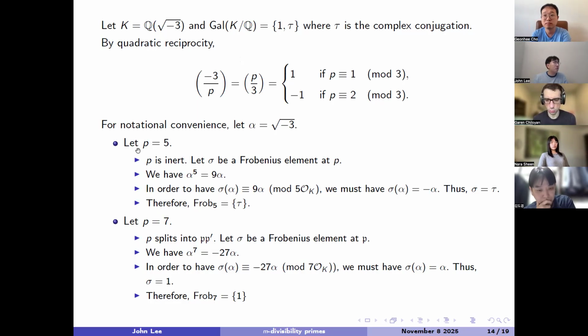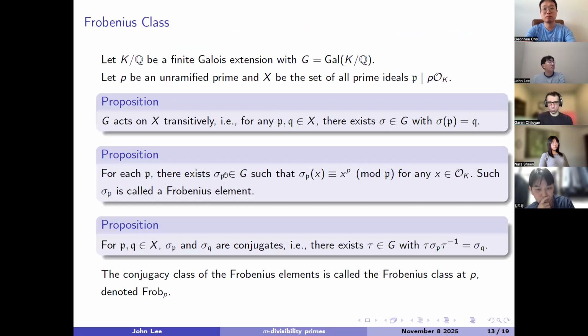So let P be 5, then P is inert. And let sigma be the Frobenius element at P. In this case, because P is inert, there's only one prime lying above 5, which is just 5 itself. So we can talk about the Frobenius element at that 5, which is sigma. If I go back to the earlier slide quickly, sigma P, the Frobenius element, should satisfy sigma P of X is congruent to X to the power of P. So now this P should be 5.